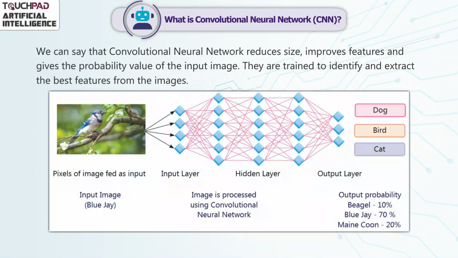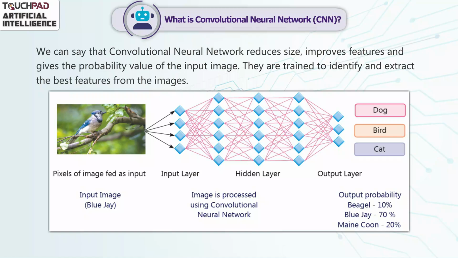We can say that a convolutional neural network reduces size, improves features, and gives the probability value of the input image. They are trained to identify and extract the best features from the images.